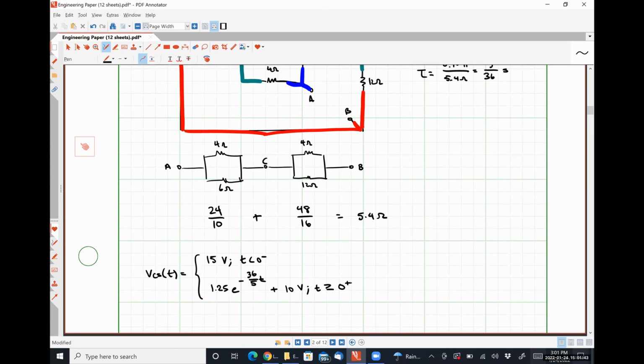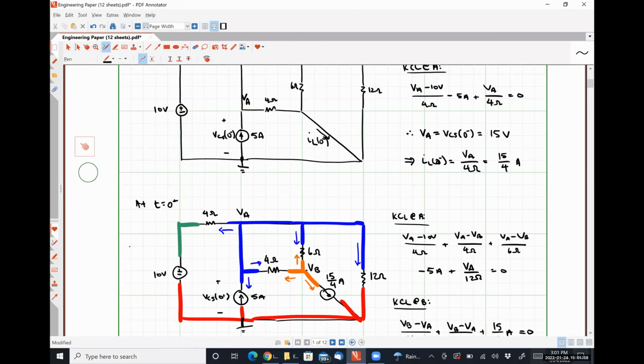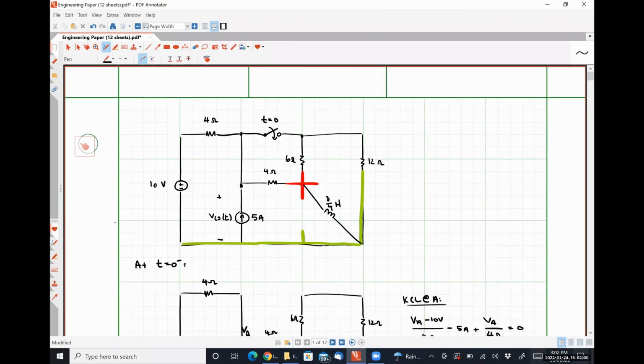Sure. So we're determining the equivalent inductance and the equivalent resistance during the transient condition. The transient condition begins when the switch closes, right? So if we scroll up here way back to the top, look at our original circuit. The switch is open until closing at t is equal to 0. So once it closes is when our transient condition begins.